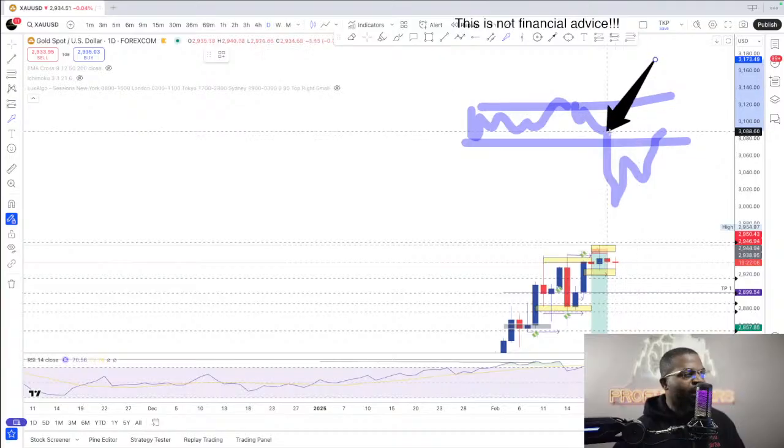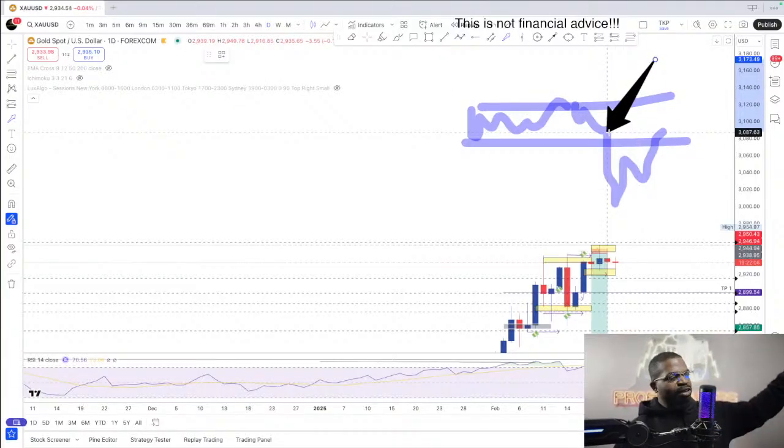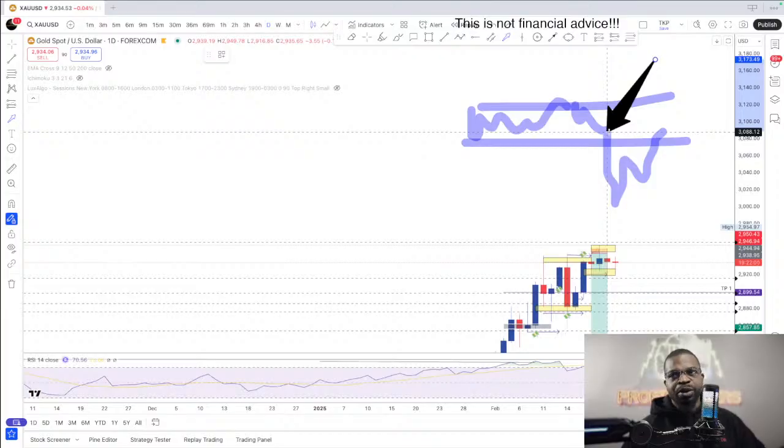This area right here is normally the fair value gap area, or whatever other name they use for it, but it's all the same thing.